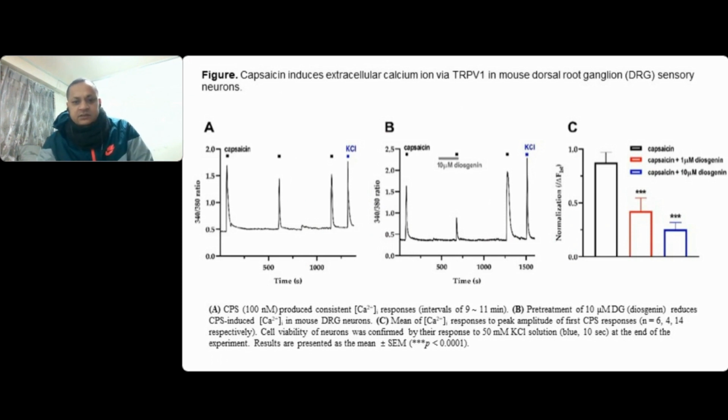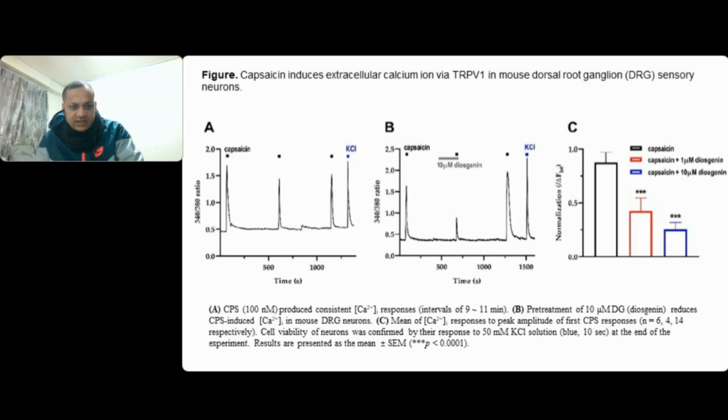Then we moved on to the experiment where you can see the capsaicin. We collected calcium ion signals by TRPV1 in mouse dorsal root ganglion sensory neurons. We collected the dorsal root sensory neurons, and in cell culture we challenged them with capsaicin.